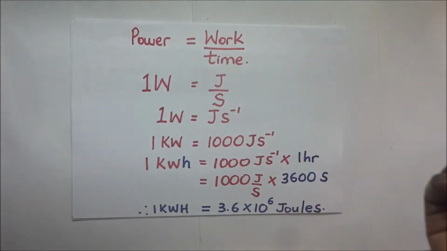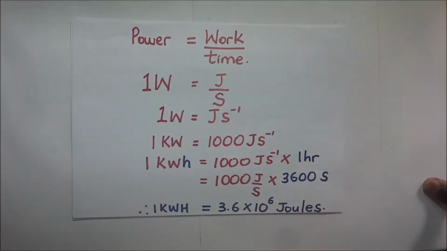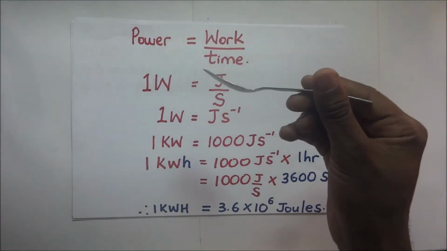But you see, we use so many watts of electricity every day, and it would become tedious for the electricity company. We already determined that 1 watt of electricity is 1 joule per second. So just imagine that that watt, or that joule per second, is like this spoon.